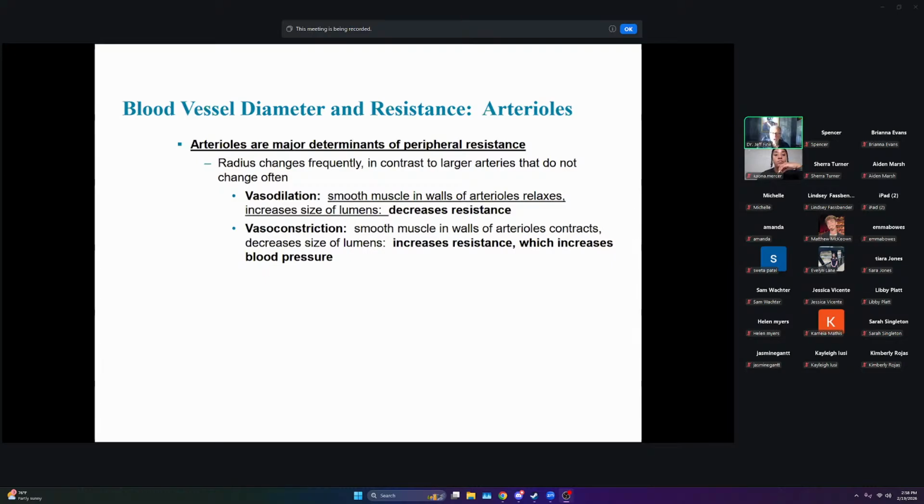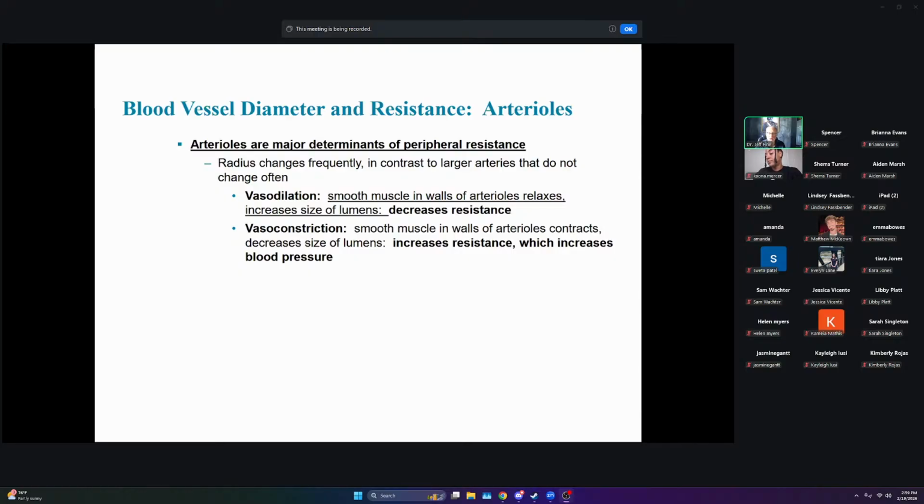From what I just talked about, for the exam, know that, as we've talked over and over about this, of all the blood vessel types, the arterioles are the major determinants of peripheral resistance and redistribution of blood.